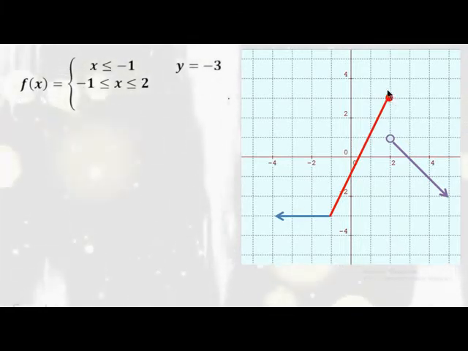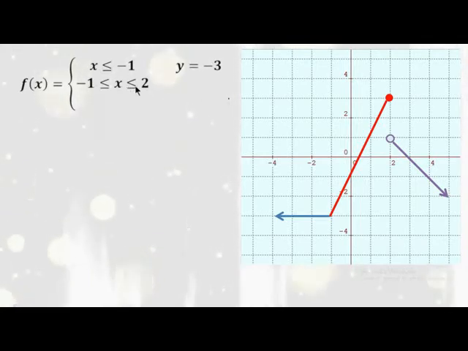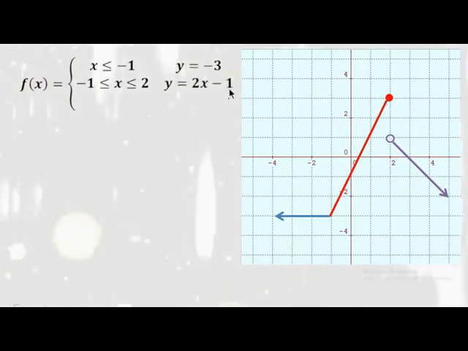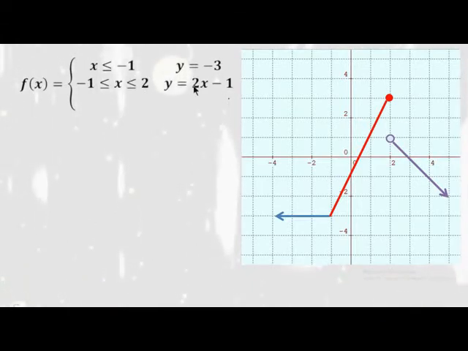The filled dot means we're using equal here because this is 2. We use equal the same way as this one. So how about the equation? The equation is y equal to 2x minus 1, the same formula as I taught you before.